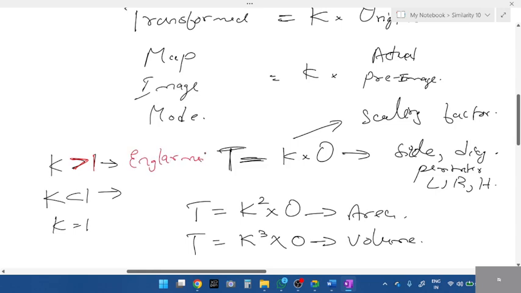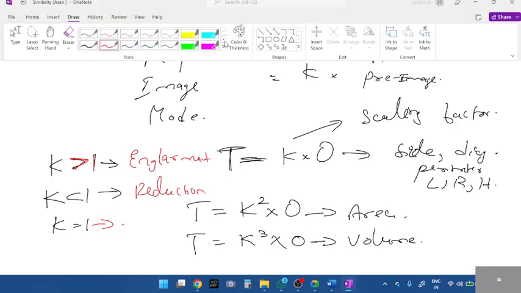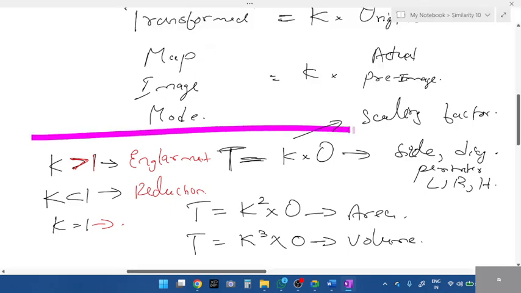For enlargement, we use K greater than 1. K less than 1 is reduction. Then K is equals to 1 is identity, same. There is no increase and no decrease. So remember only these three, these red ones. The one which I brought, only this. This is enough.